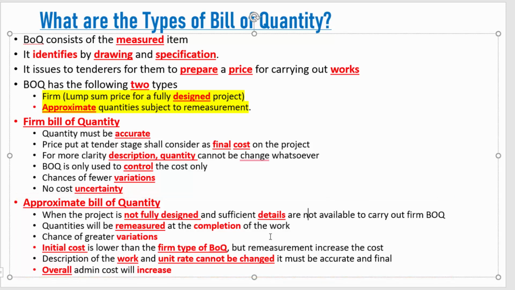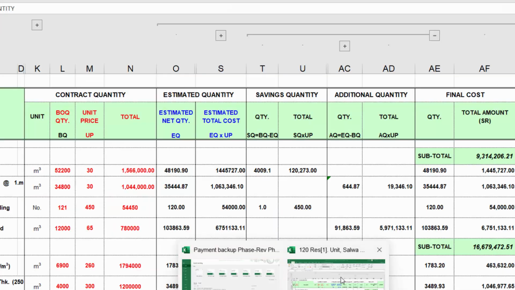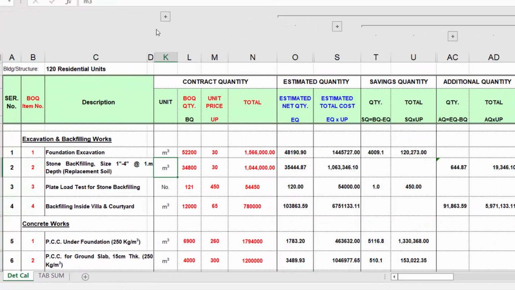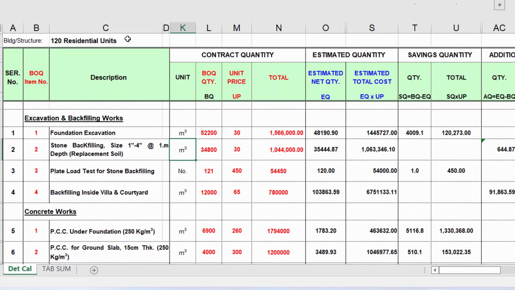I am taking you to one of the examples so you will understand what I am talking about. This is a type of contract that is a remeasured contract, and initially the BOQ was prepared with approximate bill of quantities. Here I gave you an example of foundation.